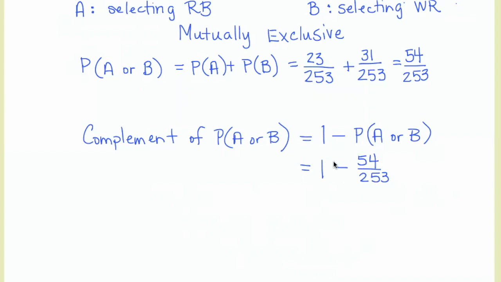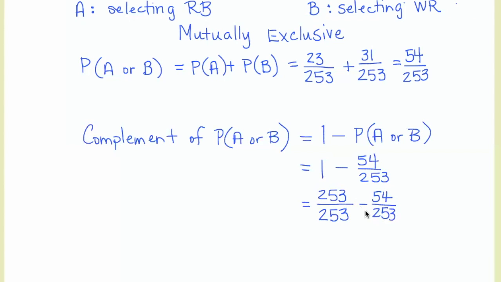If I want to do the subtraction, I need to rewrite 1 as a fraction with the same denominator. If I want my denominator to be 253, my numerator would have to be 253 also, because this will reduce to 1. So I can rewrite 1 in this format so that I can now easily perform the subtraction by hand.